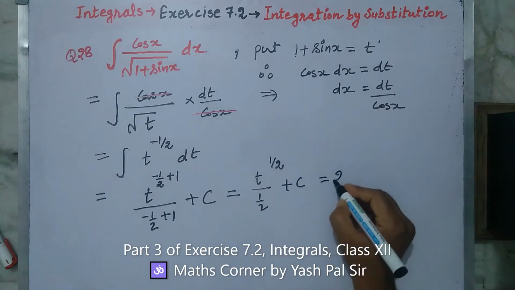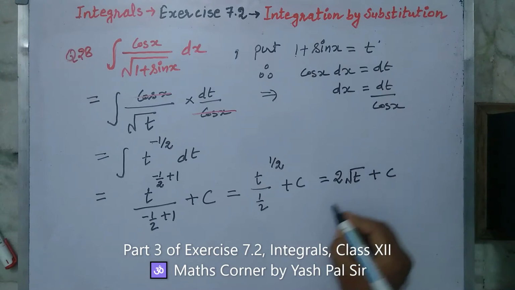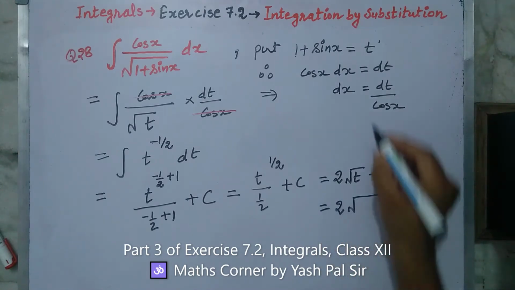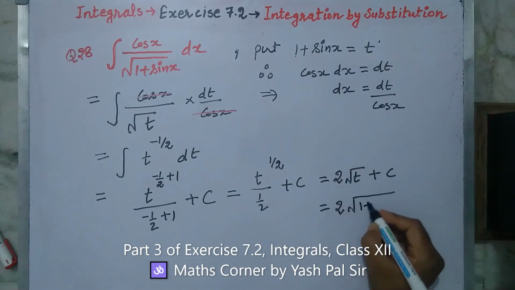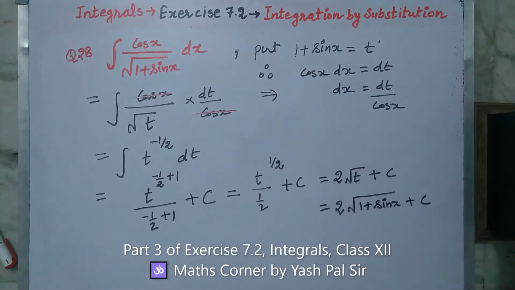This is equal to 2 into square root of t plus c. This is equal to 2 square root of 1 plus sin x, plus c.